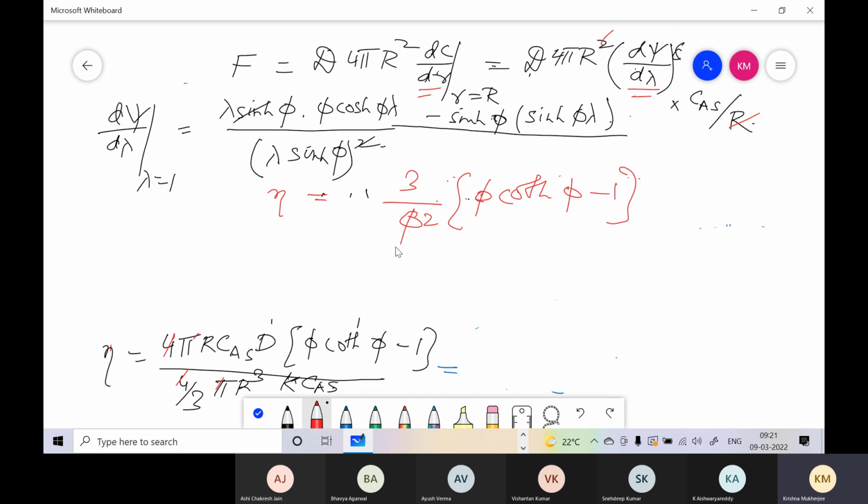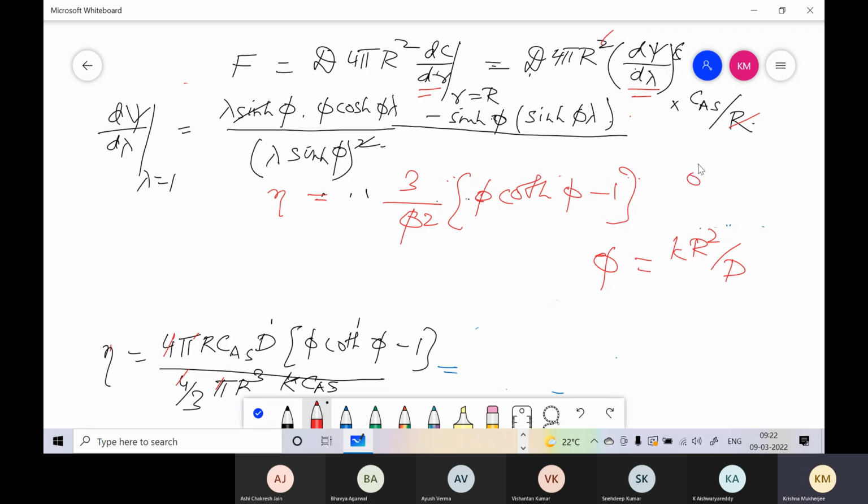You know why I did this? Because what is phi equal to? Remember, for first order reaction, K r square by D. Remember this derivation? For first order reactions, for phi? Do you remember what phi was?